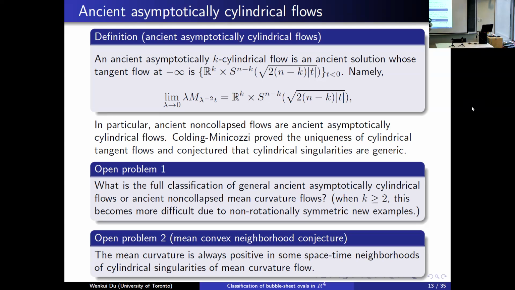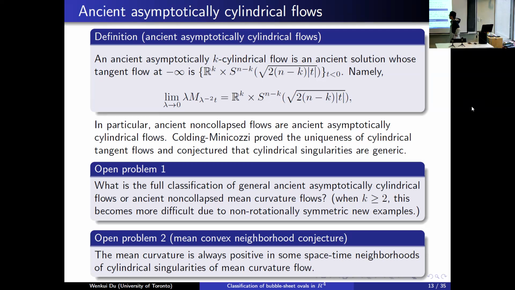Look at an ancient solution, and different from the usual tangent flow, we scale it by lambda, where lambda goes to 0, and if the limit is a self-shrinking cylinder, we call it an ancient asymptotically cylindrical flow. Also Colding and Minicozzi actually proved that this limit is unique. It doesn't depend on the choice of the sequence of lambda i.